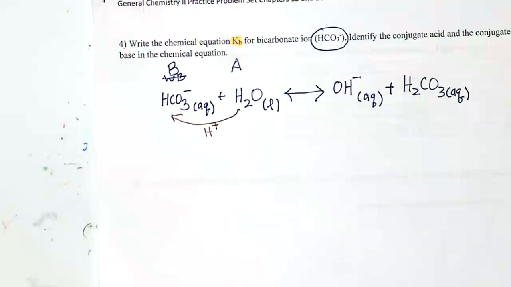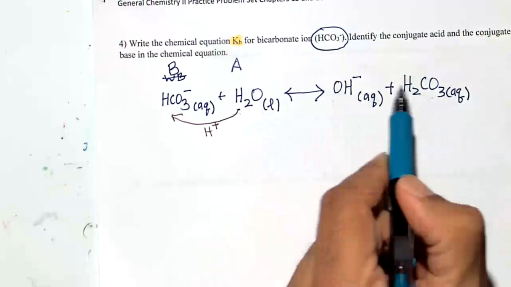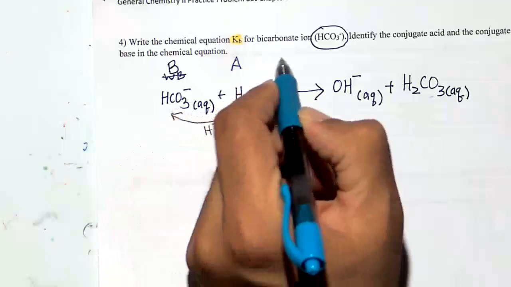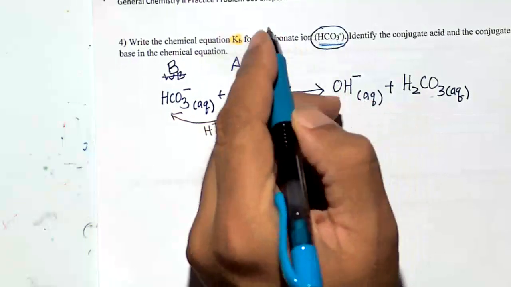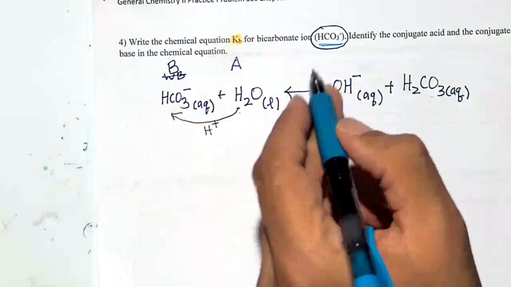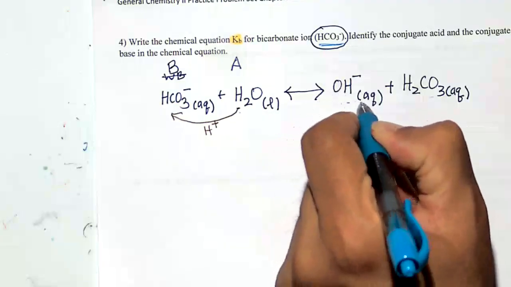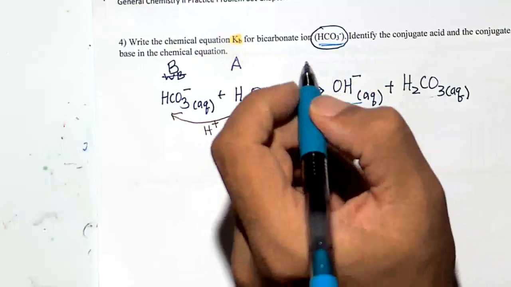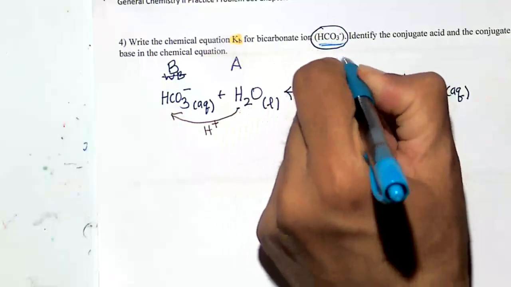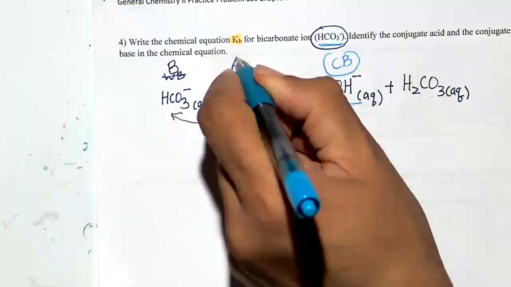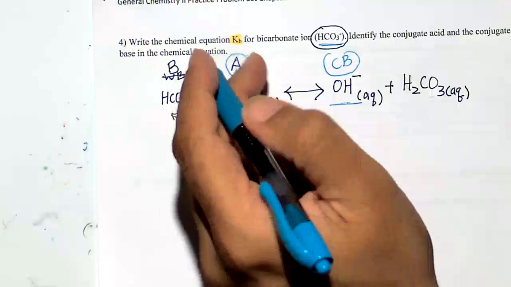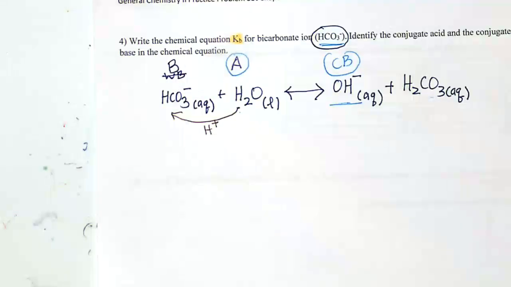And that's it for this type of problem. So this is what you want to know. Given now, on your exam you won't be given this weak base but another type of weak base. All Kb's will give you OH minus because it's a source of base, hence Kb, and this is going to be the conjugate base. So these two are a pair, and HCO3 minus has its conjugate acid, and what is its conjugate acid?